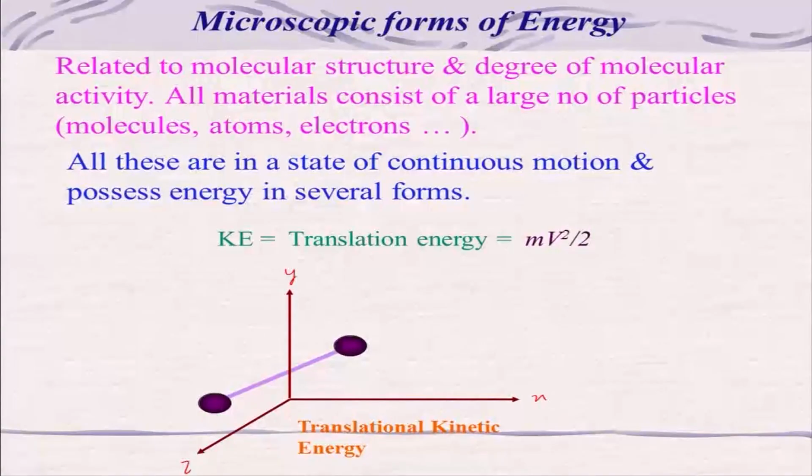For example, I am considering a molecule of mass m moving with a velocity v. Keep in mind that each molecule will not be moving with the same velocity. For example, if I take a cylinder, will each molecule be moving at the same velocity? No. Maybe the mass is the same if the molecule is the same, let's say a nitrogen gas cylinder, but the motion will be very random.